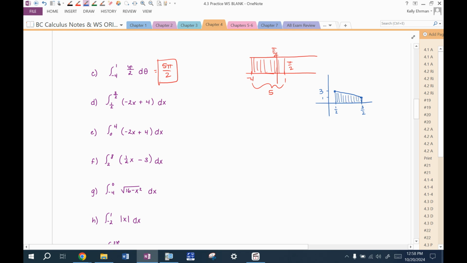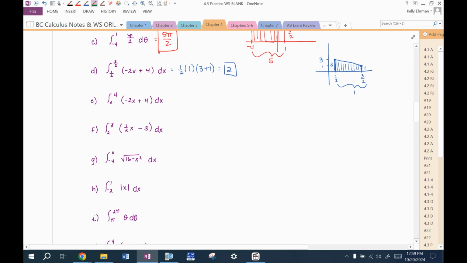The parallel sides are here and here, so we have a height of 3 and a height of 1. The distance from 3 over 2 to 1 over 2 is 2 over 2, or 1 unit. So the area of that trapezoid is 1/2 times the distance between the parallel bases, times the sum of the bases, 3 plus 1. 4 times 1/2 is 2.